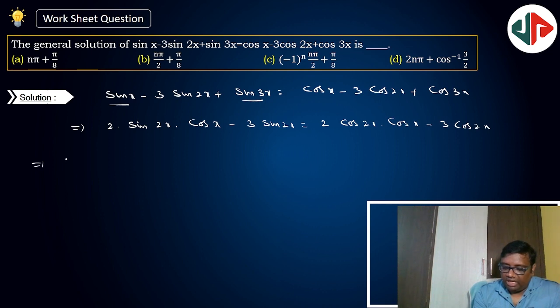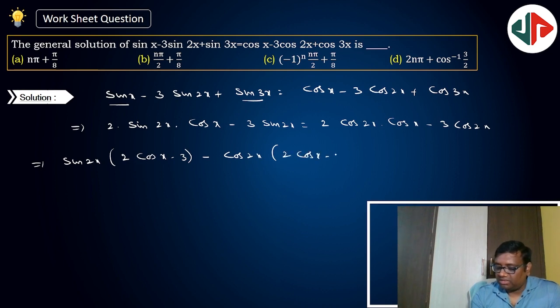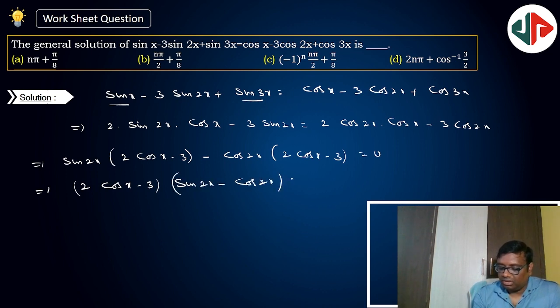This can be rewritten as sin 2x if you take common, 2 times cos x minus 3, minus, here also cos 2x if you take common, 2 times cos x minus 3 is equal to 0. So this total value we can rewrite as 2 times cos x minus 3 into sin 2x minus cos 2x is equal to 0.